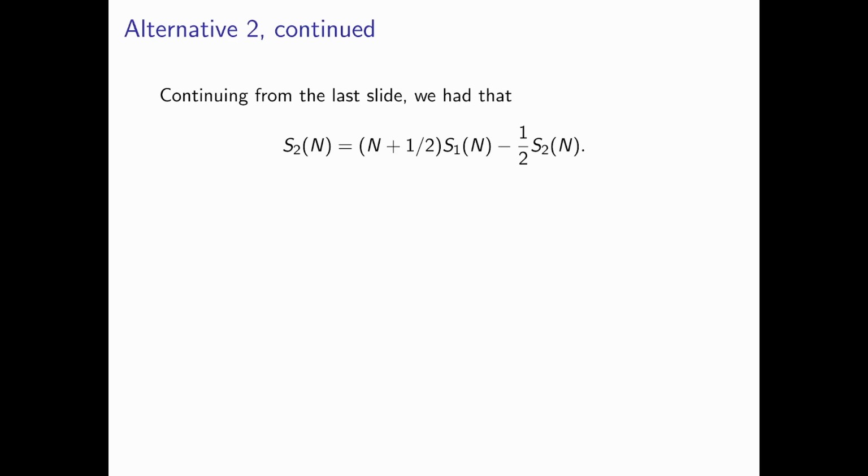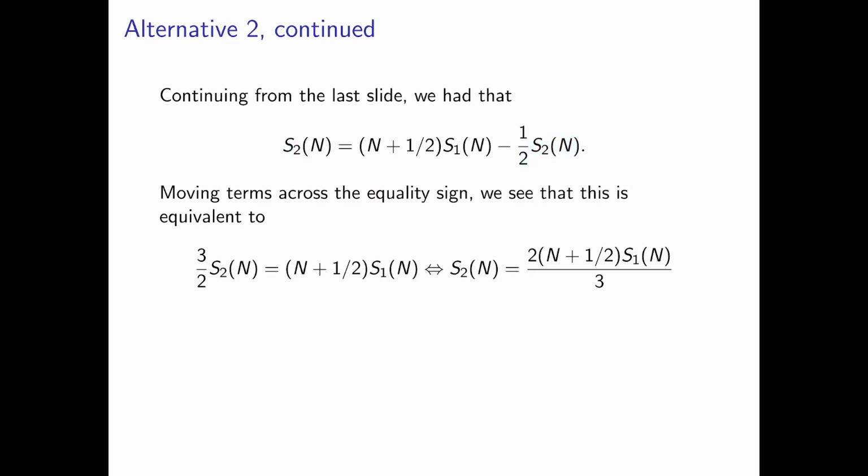So, continuing from the last slide, we had that s sub 2 of n is equal to n plus 1/2 times s sub 1 of n minus 1/2 times s sub 2 of n. And if I take this term here and move it over to the left-hand side, I get the following, that 3 over 2 times s sub 2 of n is equal to n plus 1/2 times s sub 1 of n.